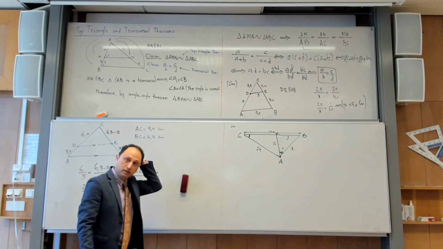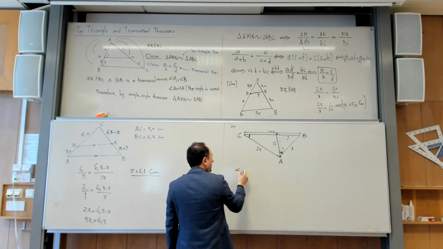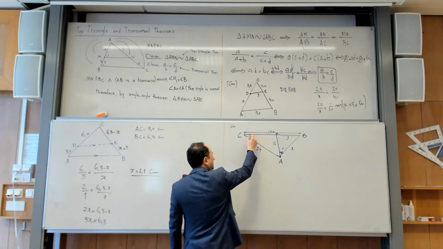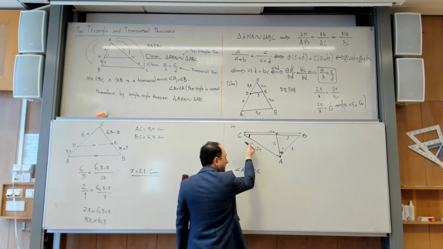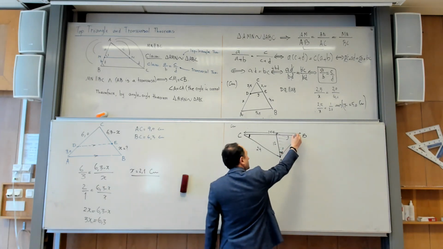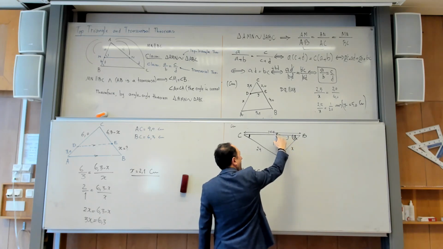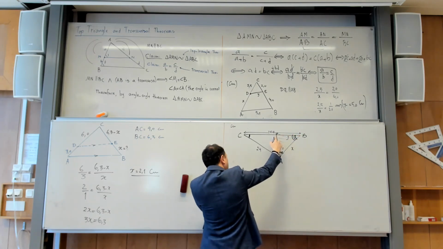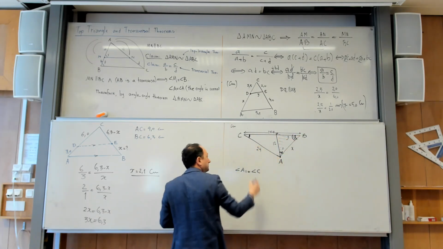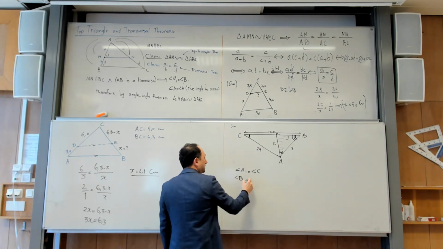They are similar because they are telling you that angle A1 is equal to angle C. This is given directly. But there is no need to say that this angle is in common. This angle is an angle for this triangle as well as the biggest triangle. So I would say that the angle B is the angle in common.